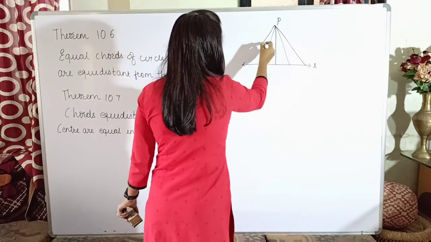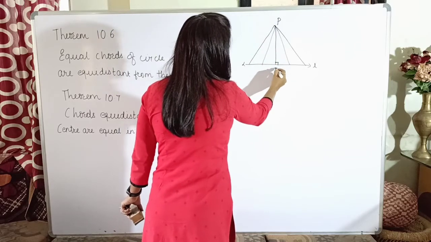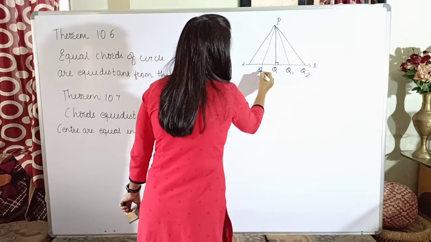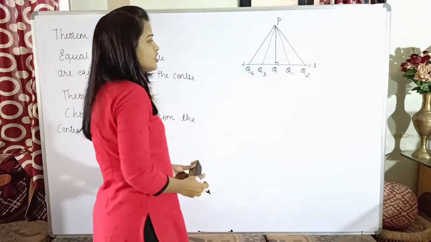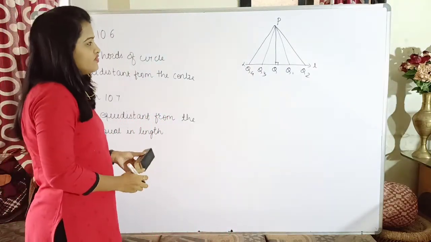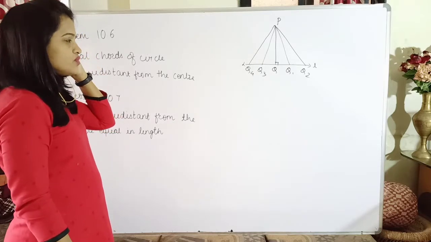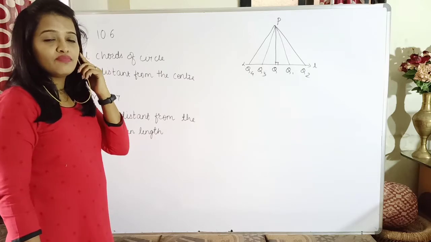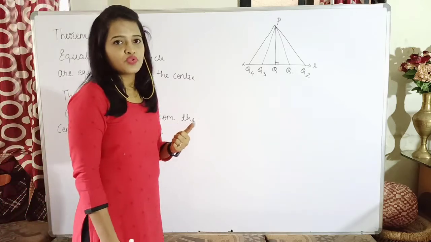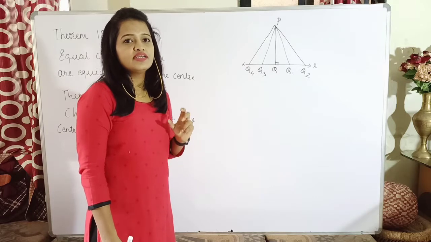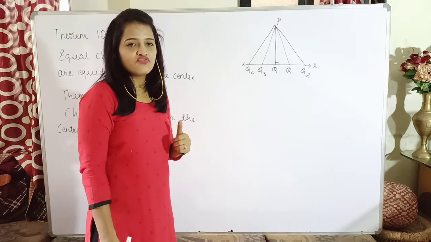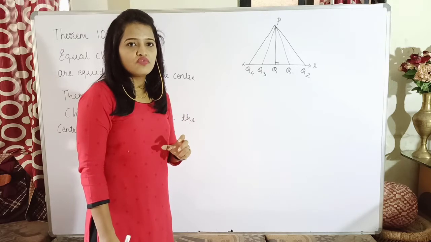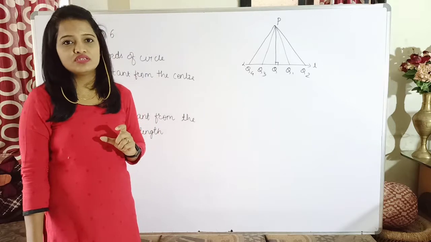Now, as you can see, PQ is the only perpendicular line, whereas PQ1, PQ2, PQ3 and PQ4 are not perpendicular lines from that point P on the line L. So to find the distance of line L from point P, we always consider the perpendicular distance.